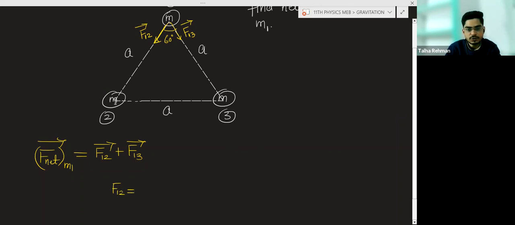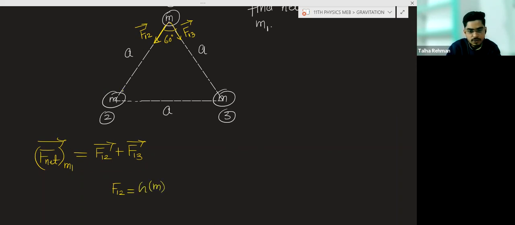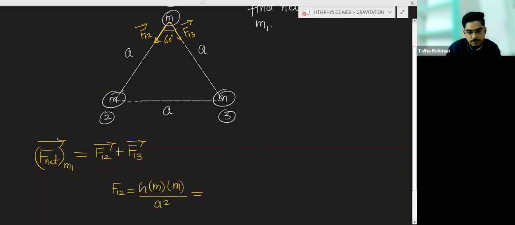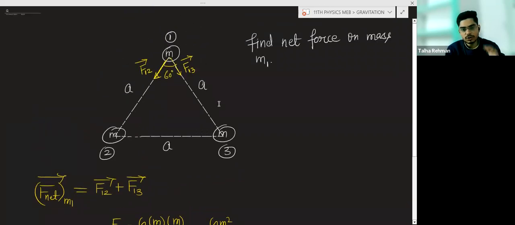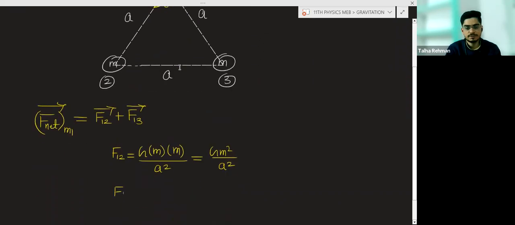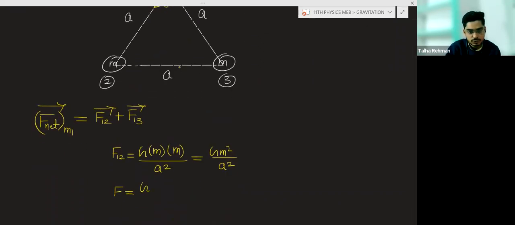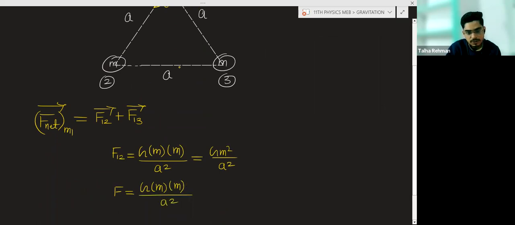It will be G into M1 M2 divided by the distance squared, so it will become G M square divided by A square. Now the same force will be due to the other mass, because this mass is M, this mass is M. So on this mass, both the forces will be the same. You can see from the formula also, it will also be G M square divided by A square.